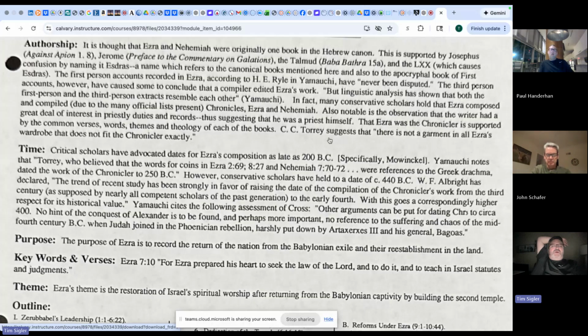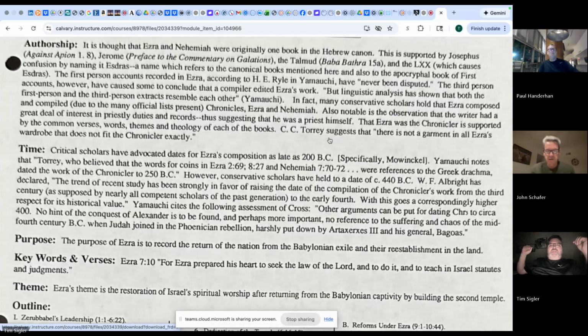But as F.M. Cross notes, no hint of the conquest of Alexander is to be found, and perhaps more important, no reference to the suffering and chaos of the mid-4th century BC, when Judah joined in the Phoenician rebellion, harshly put down by Artaxerxes III and his general Bagoas.